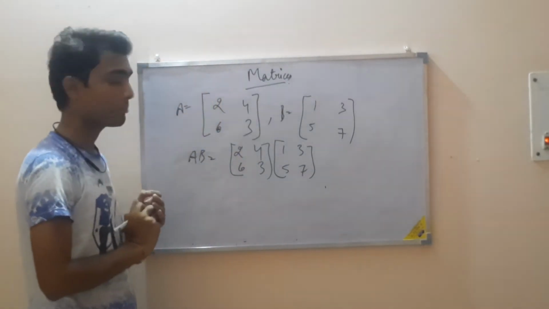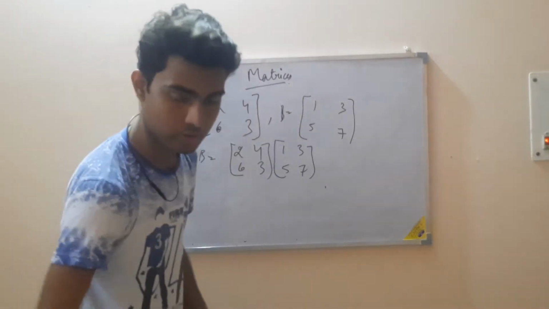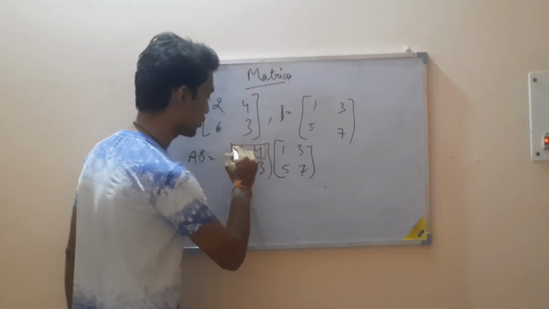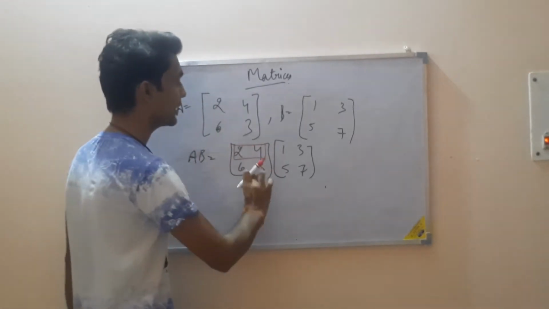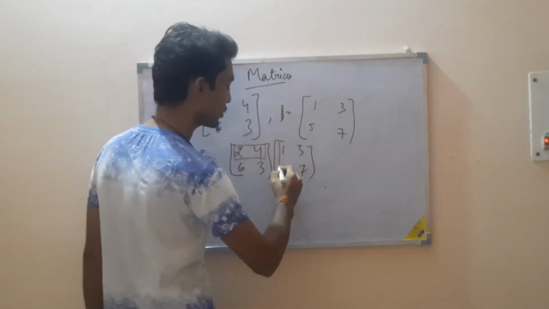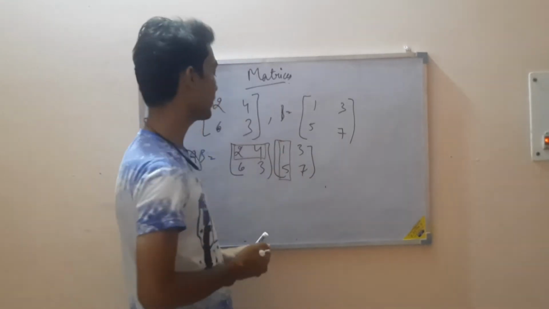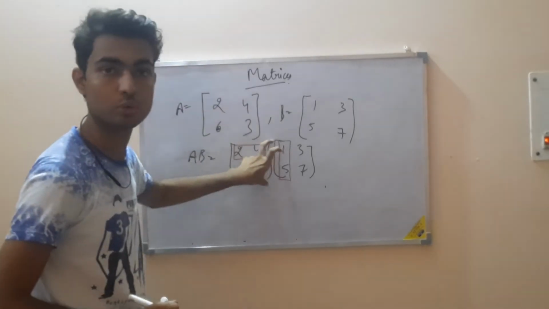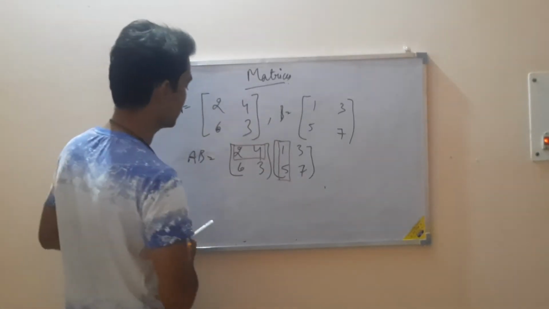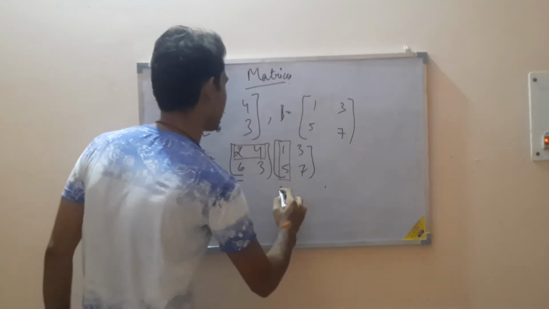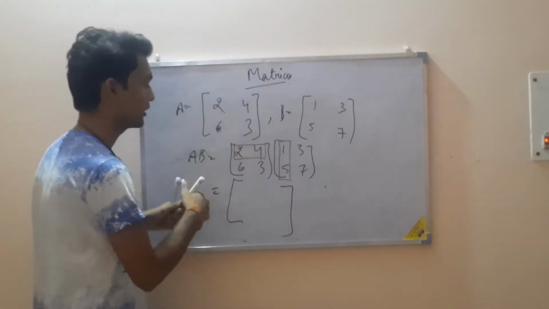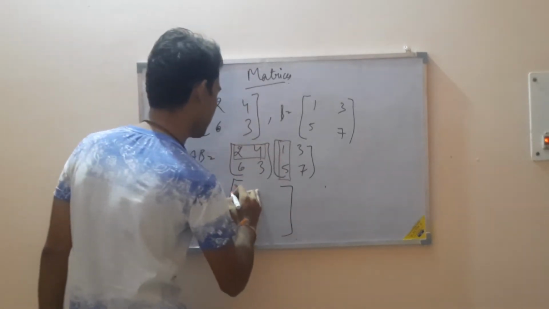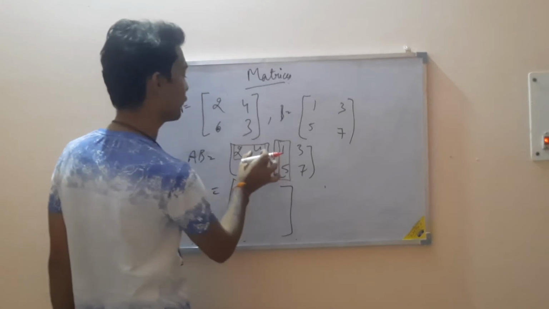The method to multiply these is to take a row of the first matrix and multiply it with the column of the next matrix. So first you consider this row and this column. Now let's write the new matrix. It will be 2 into 1 plus 4 into 5.